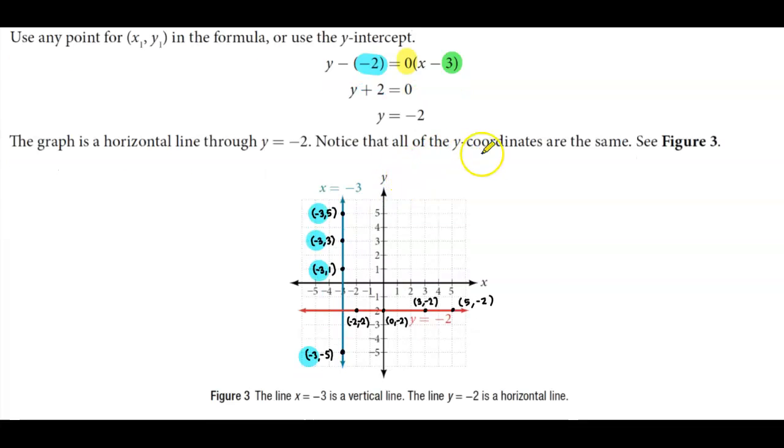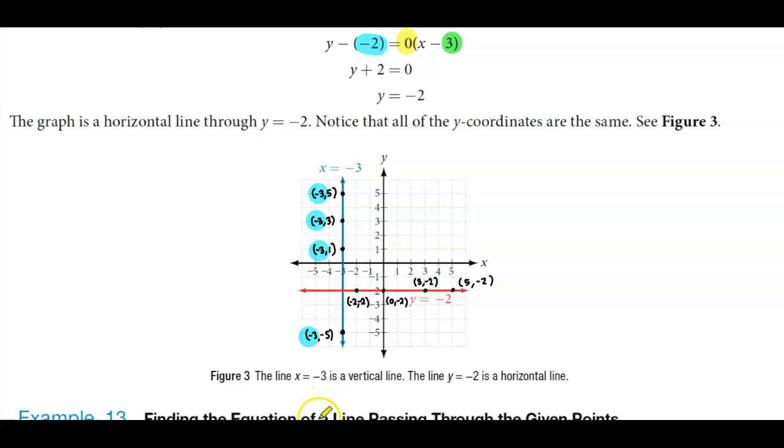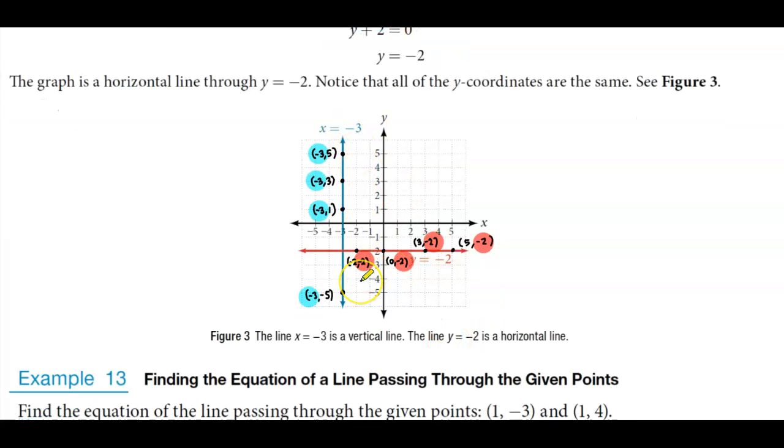And notice that all of the y coordinates are the same. The y coordinate here is -2, here is -2, here is -2, and here is -2. So I also want you to take a look here. We have the line x equals -3, which is a vertical line, and y equals -2, which is a horizontal line.